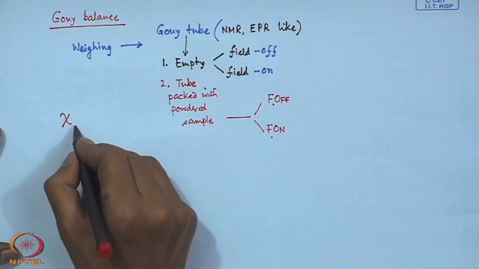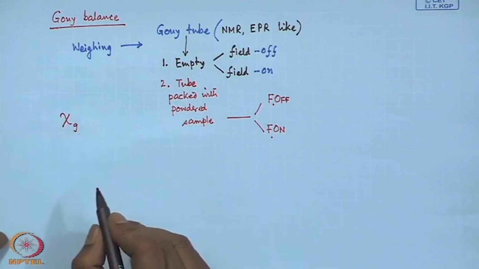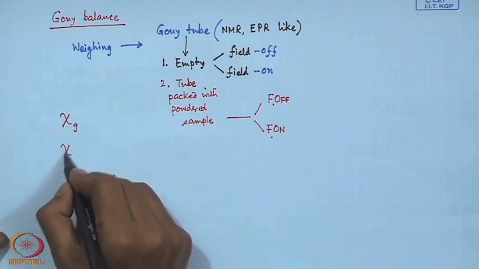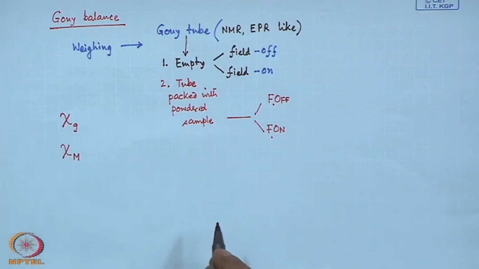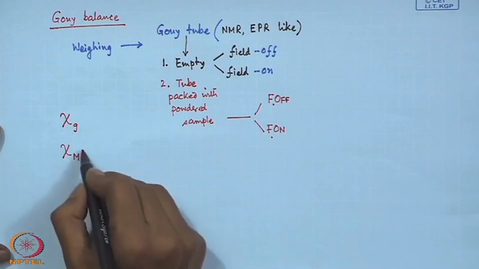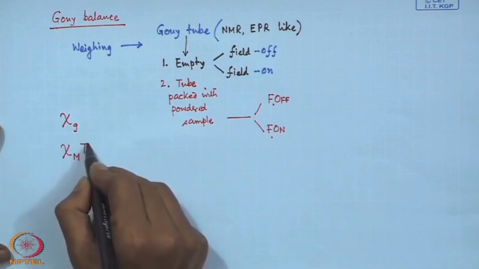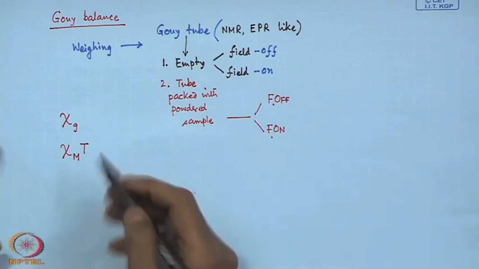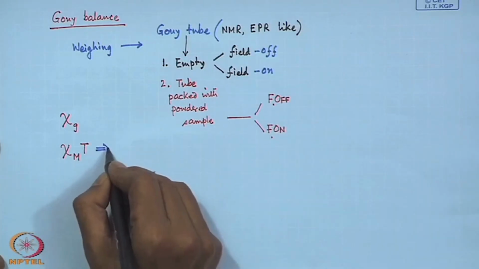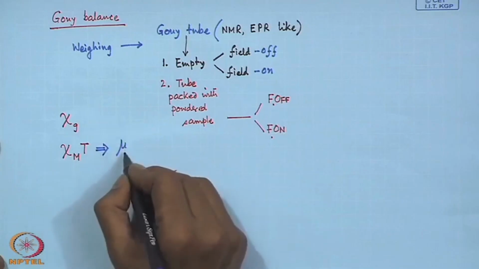So, we can calculate the corresponding gram susceptibility, then multiply it with the molecular weight of the compound, giving rise to the corresponding molar susceptibility. When we multiply it with the temperature of the measurement, this product, that means chi-mT, can be used for the calculation of the corresponding magnetic moment.